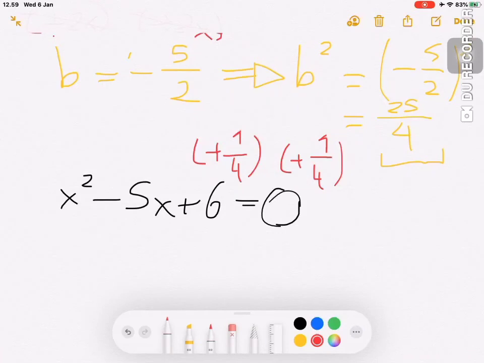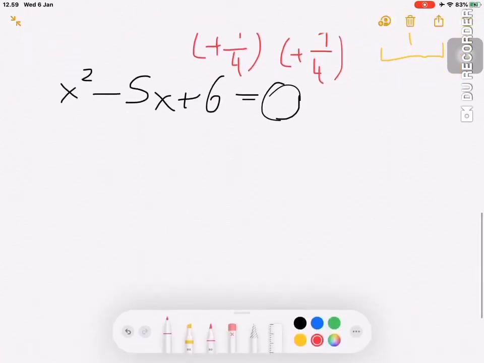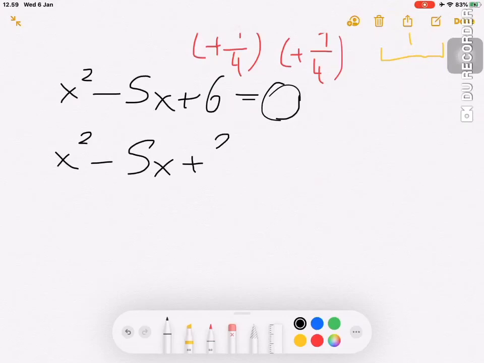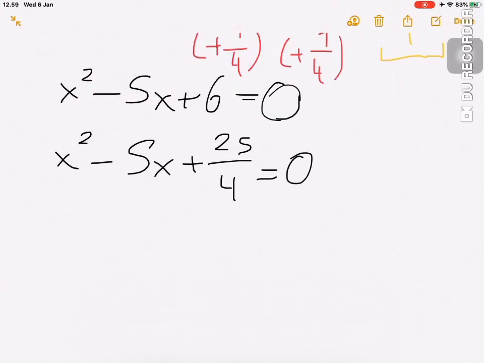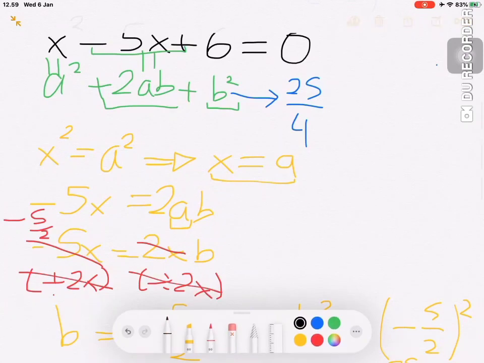Okay, so x squared minus 5x plus 6 equals 0. We'll need to add a certain constant that when added to 6 will give 25 over 4. And when you think about it, adding a quarter will work.